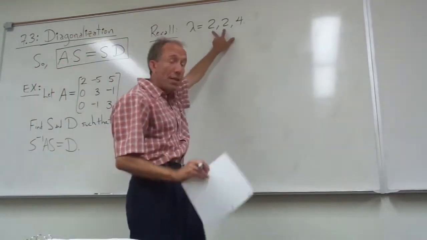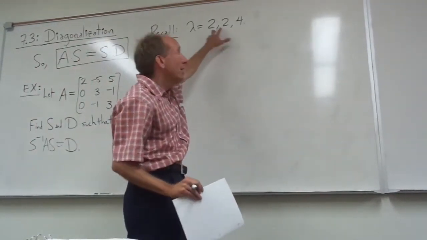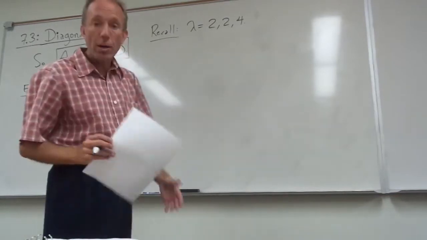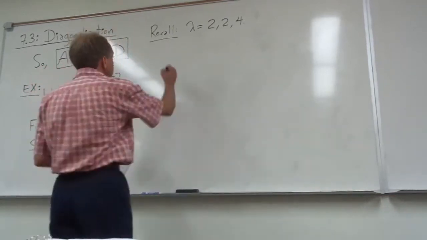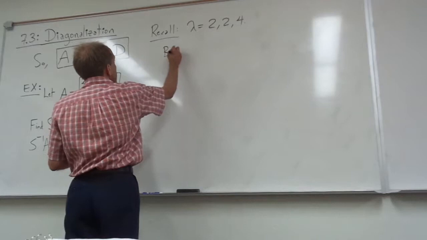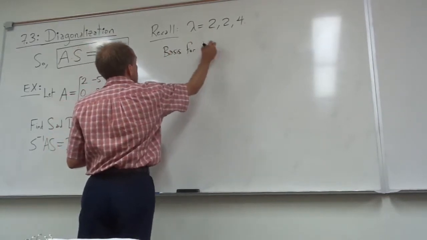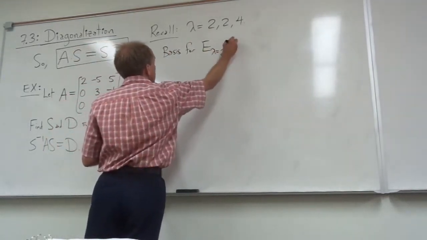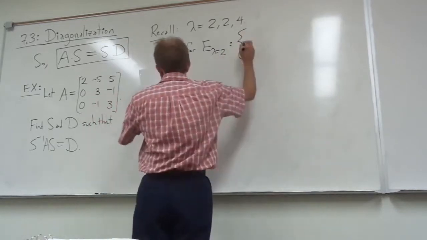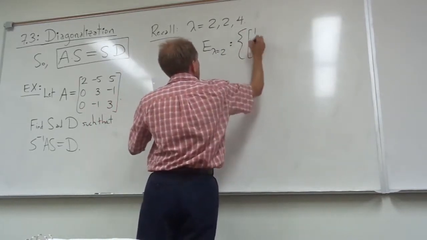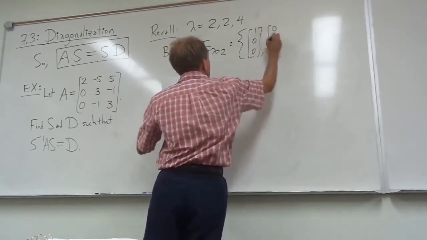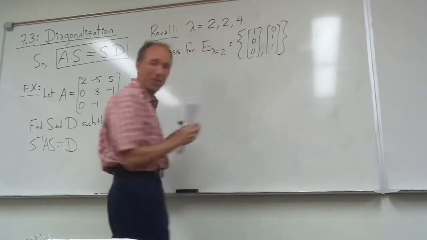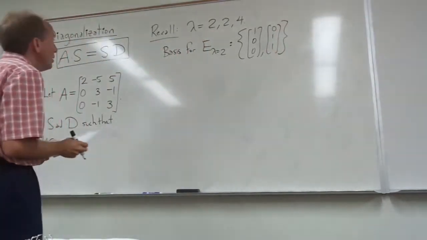Even though we have a repeated eigenvalue, this matrix, as we saw earlier, was still non-defective. So we had a basis, I'll just remind you, a basis for the eigenspace corresponding to lambda equals 2, and that basis was 1, 0, 0, and 0, 1, 1. You can, of course, recheck all of these calculations if you want to.